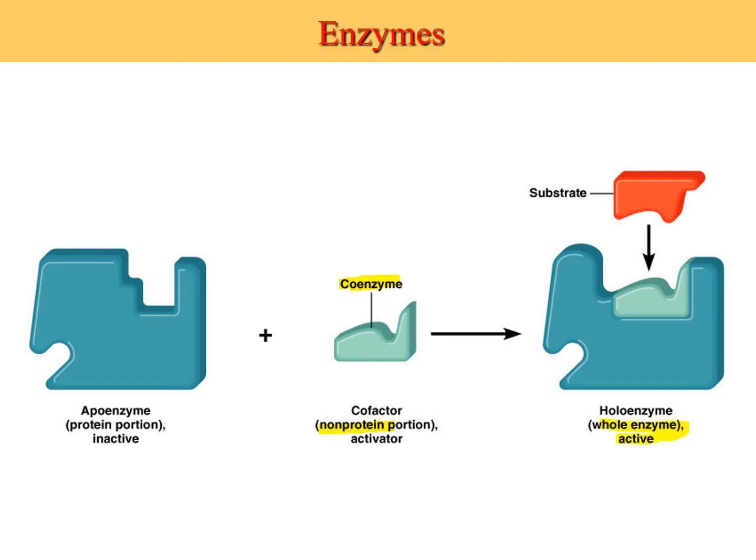Apoenzyme and holoenzyme are terms that you don't come across that often, but cofactor or coenzyme is quite commonly used. So what they're showing is that there is a requirement for a cofactor for the activity of this particular enzyme. Not all enzymes require cofactors, but many do.